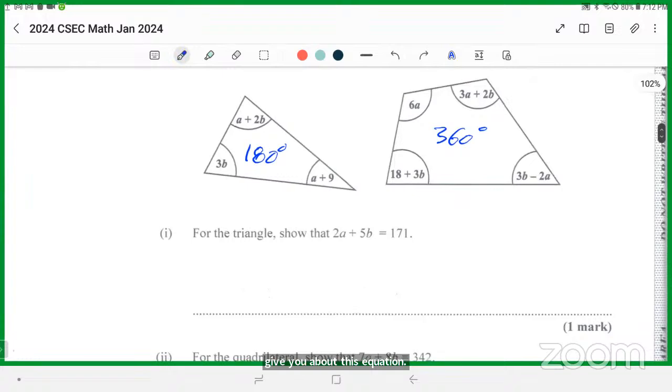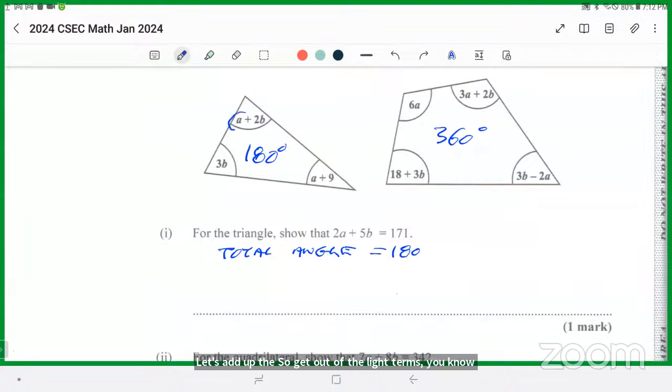So for the triangle, the total angle equals 180. I'm not going to put the degrees because I don't have the degrees here. Let's add up the angles now. We can add up the like terms. So this is A and A in the angles, that makes 2A.